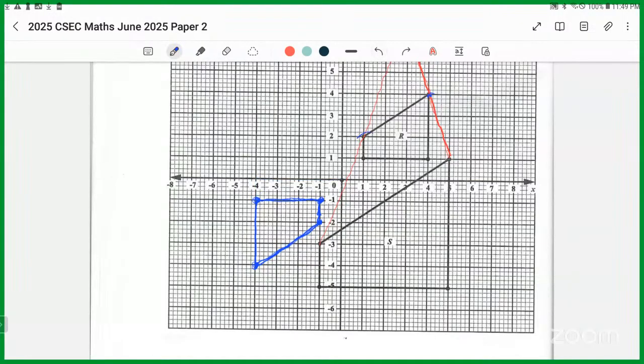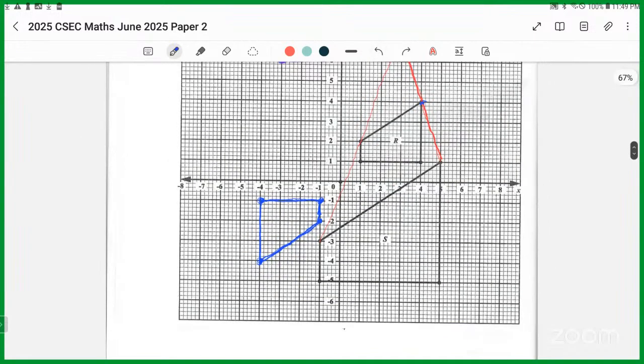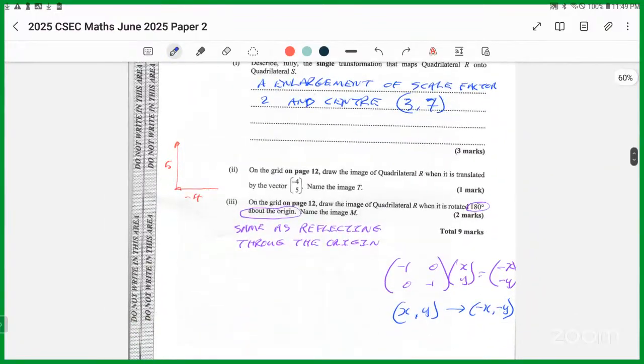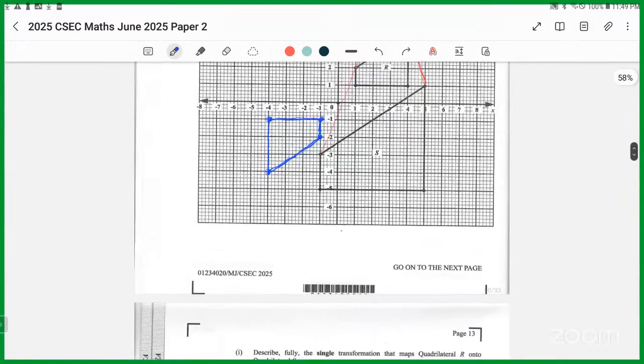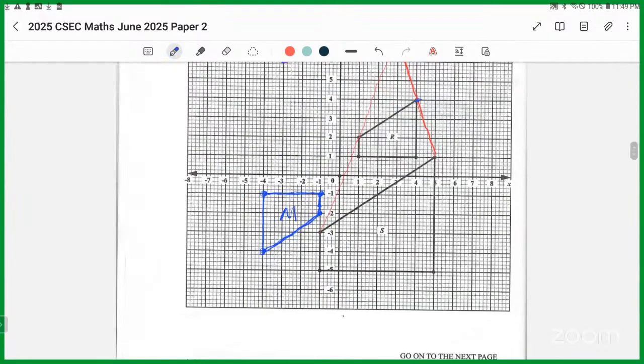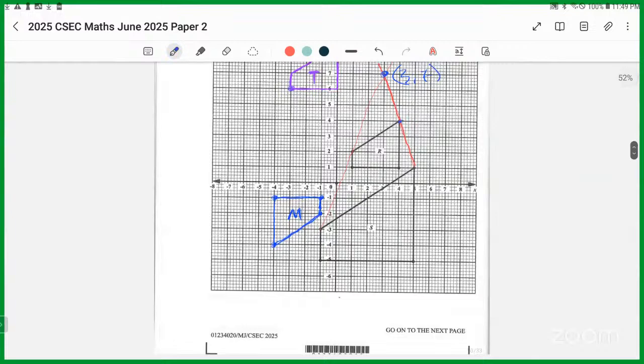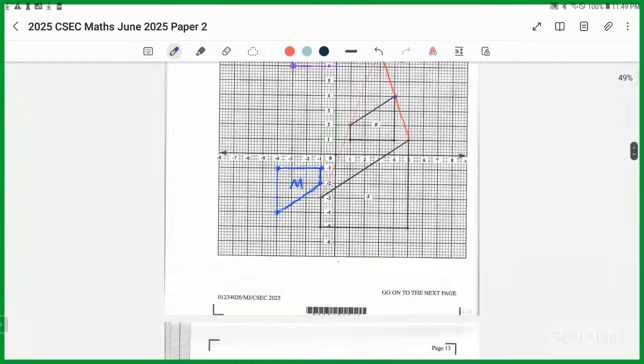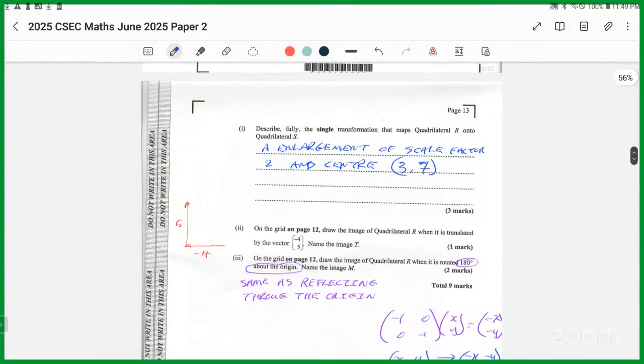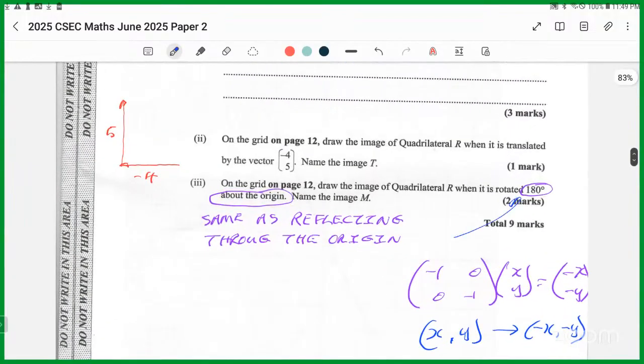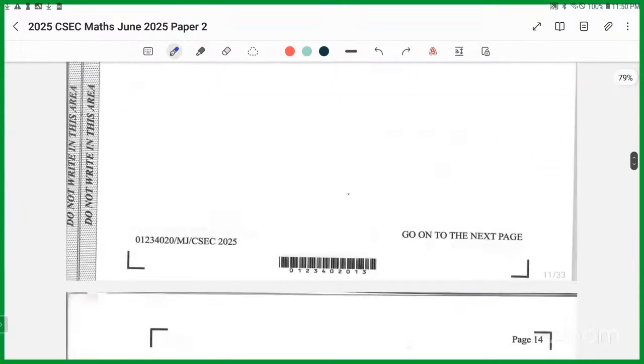This point is 1, 2, it's now -1, -2 to here. And this point is 4, 4, it's now -4, -4. So you could have used a calculation method. Let's label it M. So this is the M right here. All right, I hope you all got that one right. I'm remembering something I taught in class: a 180-degree rotation about a point is the same as reflecting through the point. Rather than try to do the rotation, you reflect through the point, for a 180-degree rotation.